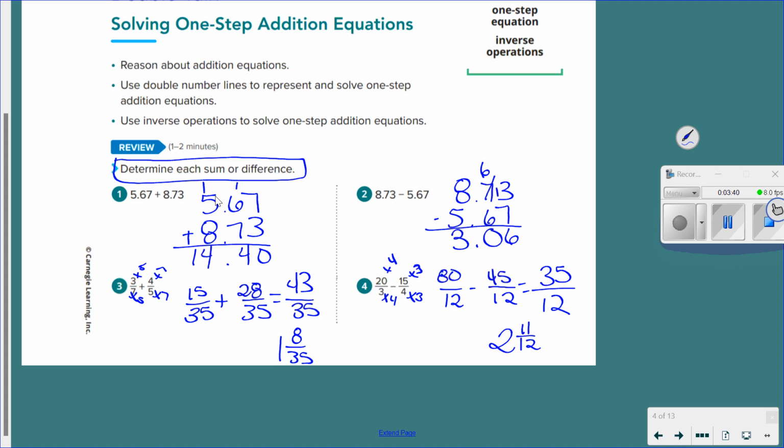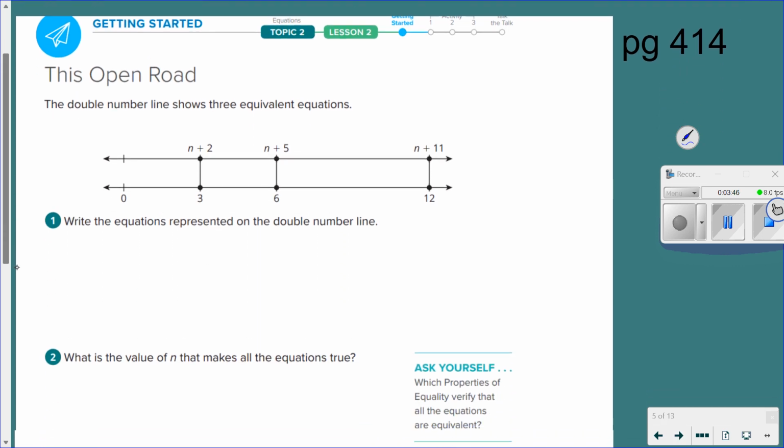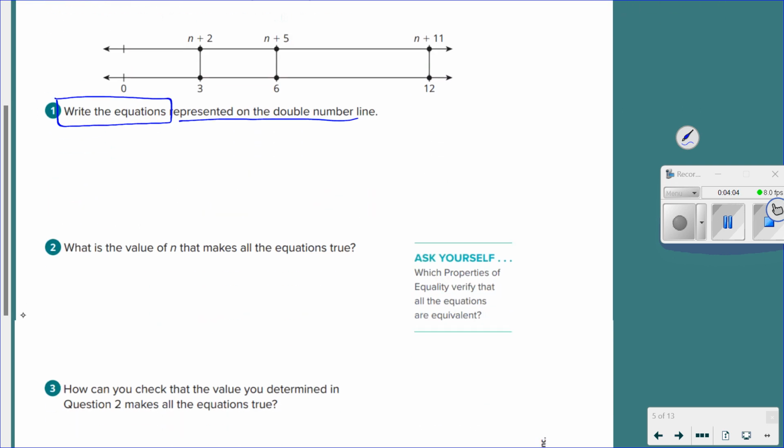We are continuing with the equation, so let's look at the next page. This is similar to what we did yesterday, except this time they're not giving you the equation. You have to look at the double number line and determine what the equation is. And there are actually 3 of them. So on number 1, you have to write the 3 equations that are represented on the double number line. Number 2, find the value of n that makes the equation true.